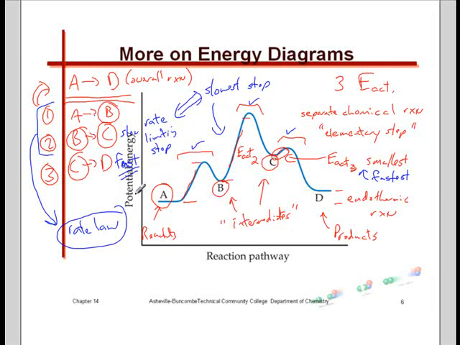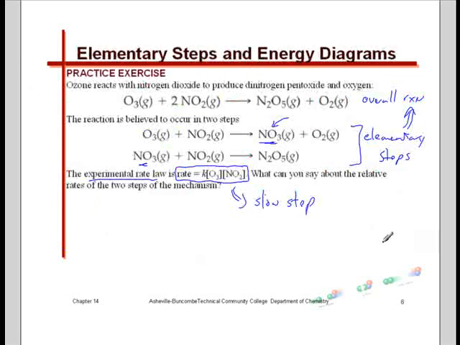And what we can do is check this. You can add up these formulas, and let me try to do that. Anything that shows up on the reactant side of one and the product side of the other, you can cancel out when you add them up. Now if you add up the two elementary steps, do you have what you know is true, the overall reaction?